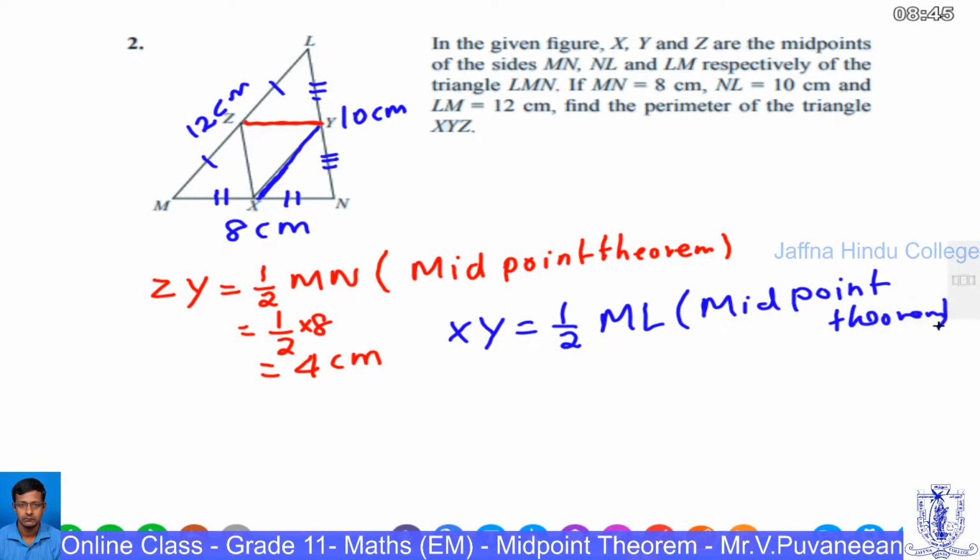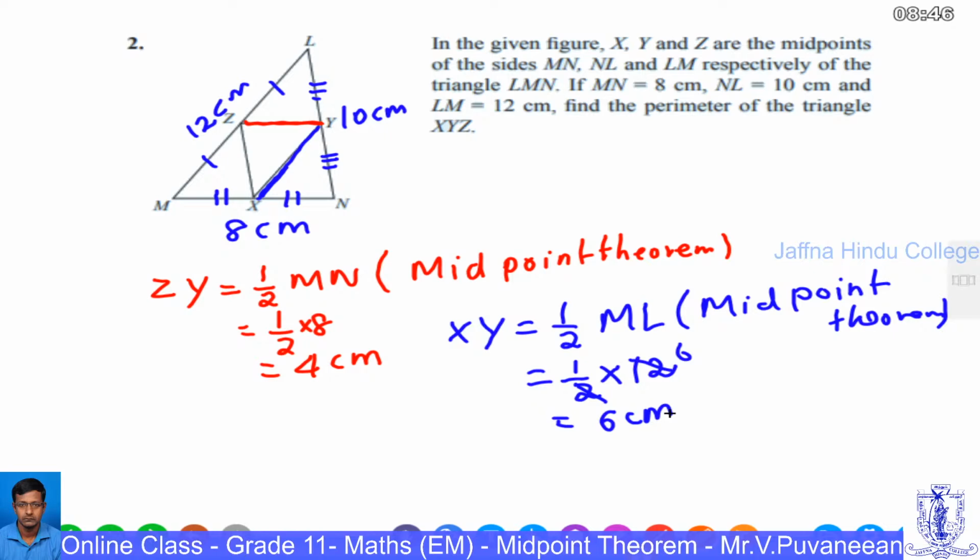So we can find XY by substituting ML equals 12, that's given. So half into 12 is 6 centimeters. XY equals 6 centimeters.